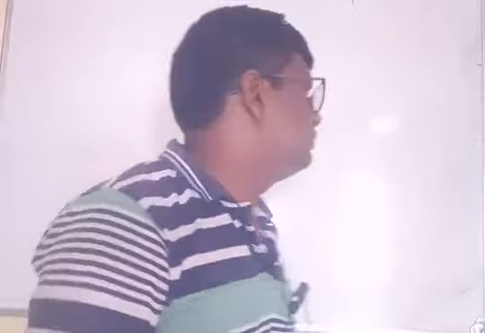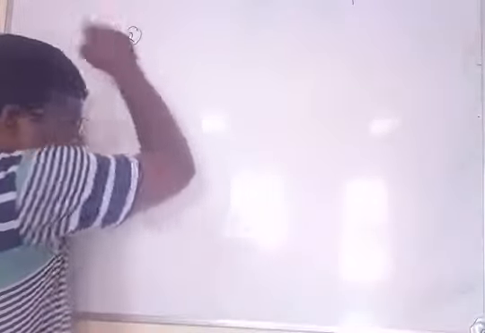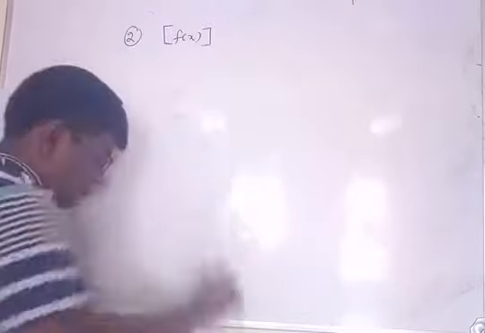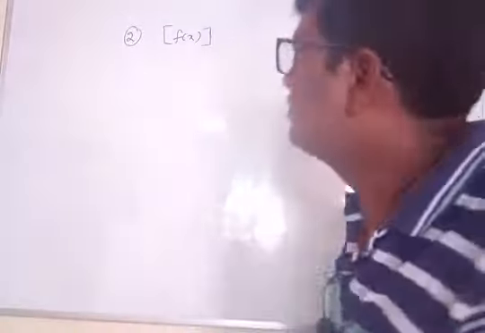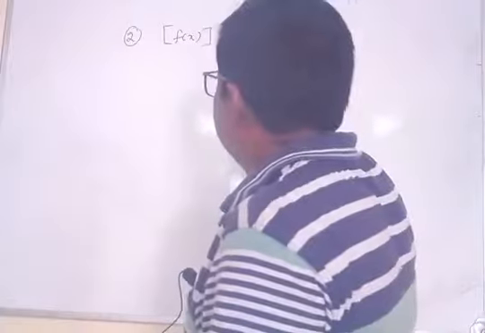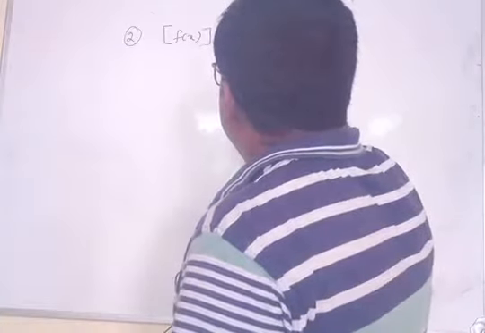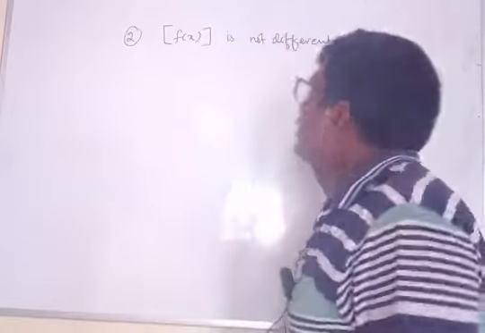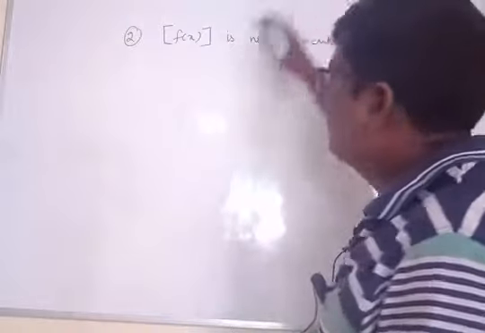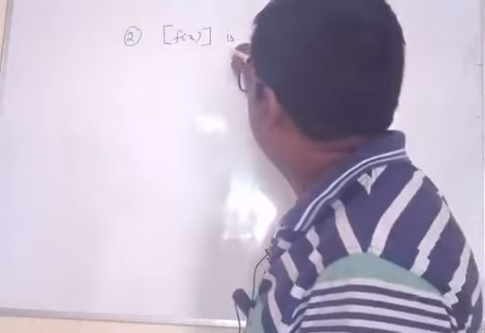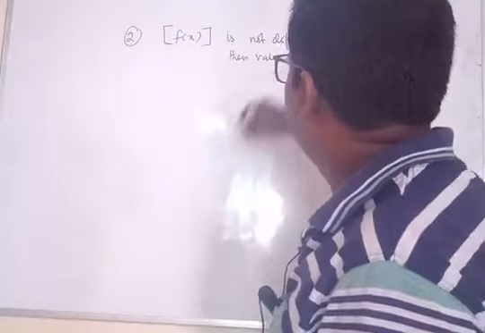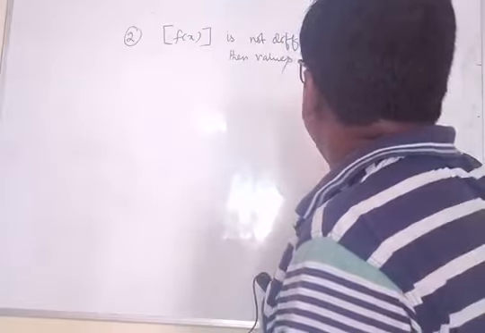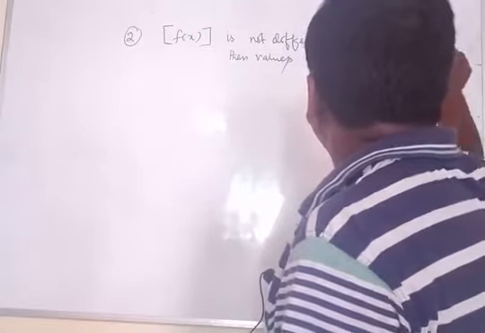Now note number 2. Bracketed f of x, the greatest integer function, is not differentiable for the values of x for which f of x belongs to Z, the set of integers.